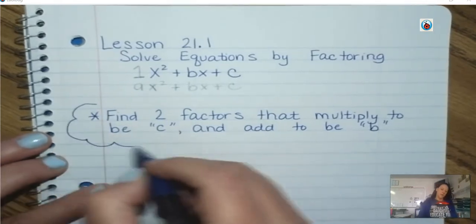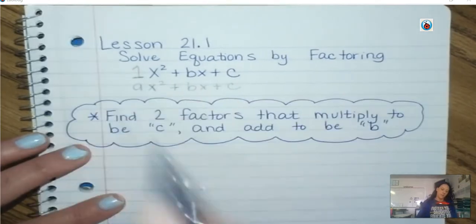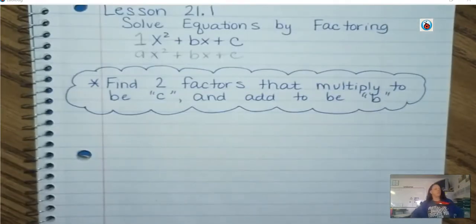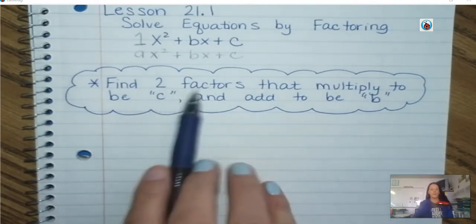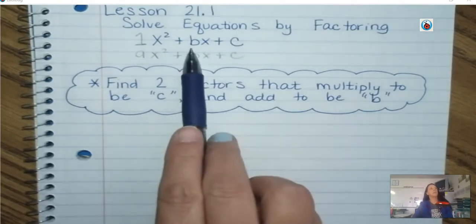Today we're going to be doing a lot of multiplication. Hopefully you know your multiplication tables. So we need to find two factors that multiply together to be your C number, and then when you add them together they'll be your B number.